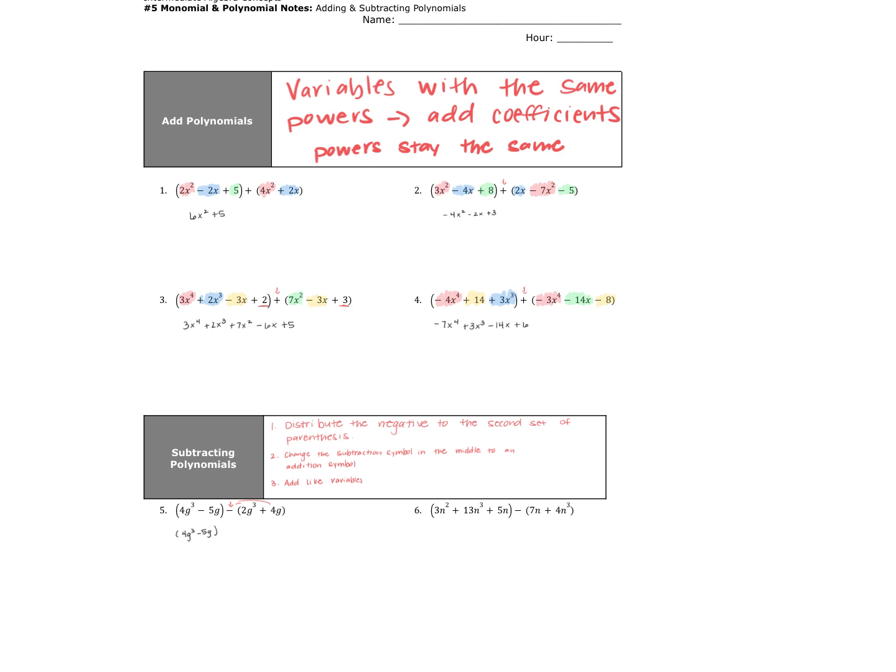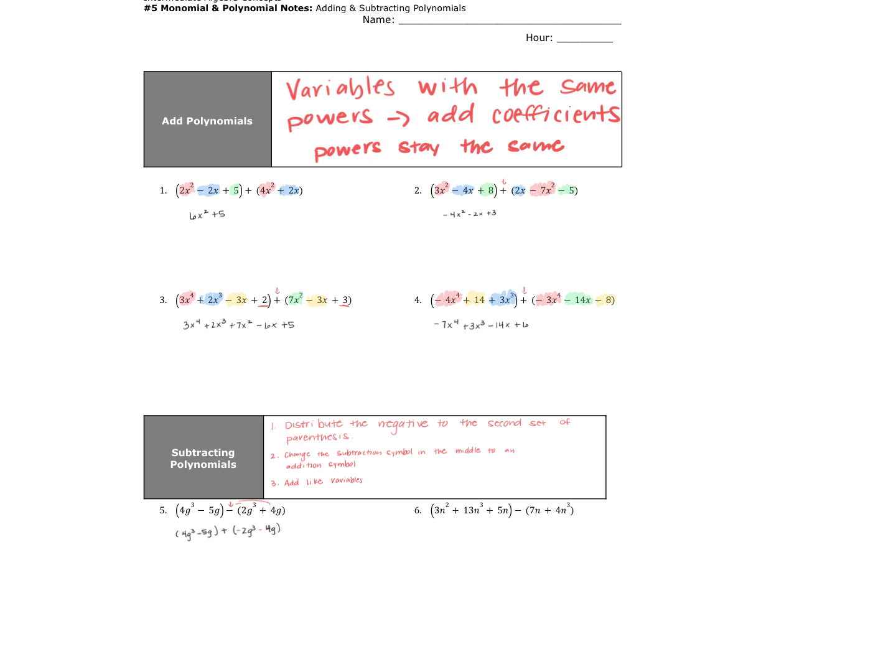Notice I didn't change any of these. Okay, now that negative in the middle, that subtraction symbol, is going to be a positive. Okay, before you had a positive 2g to the third. Well, now it's going to be a negative 2g to the third. Okay, you also had a positive 4g, so now it's going to be a negative 4g.